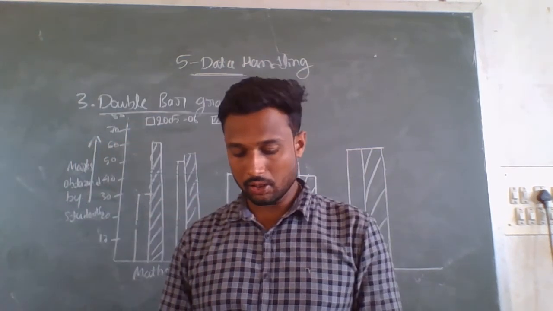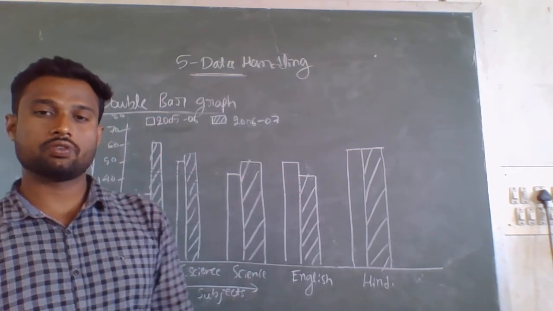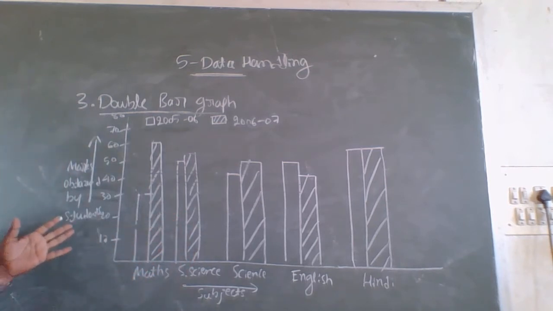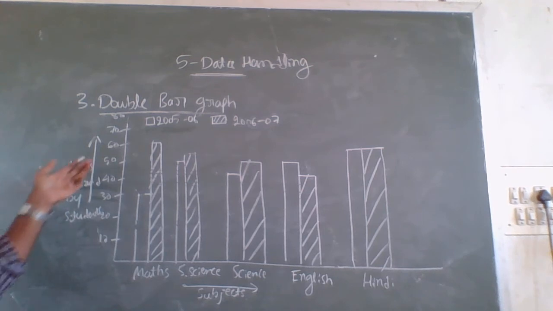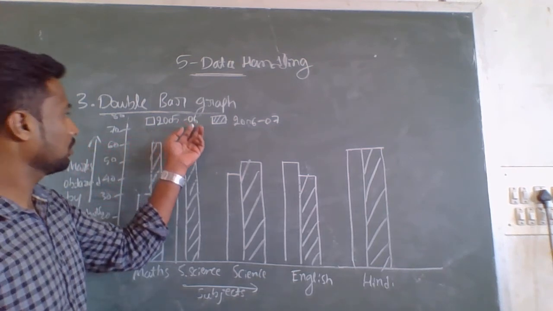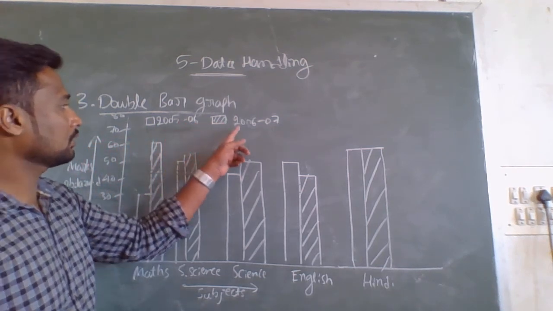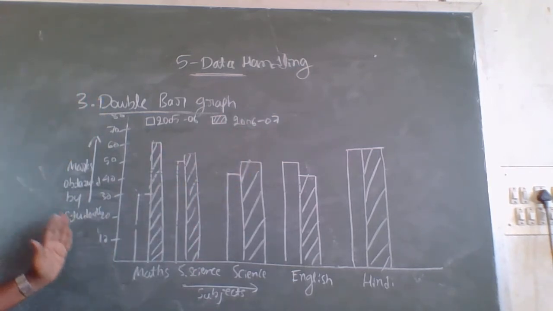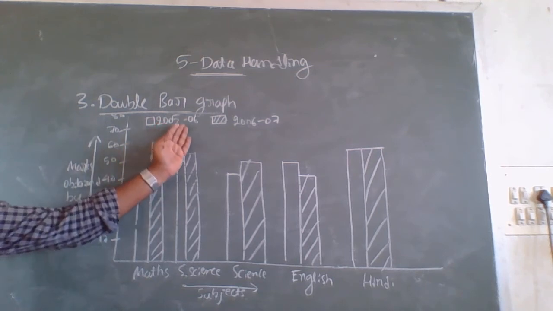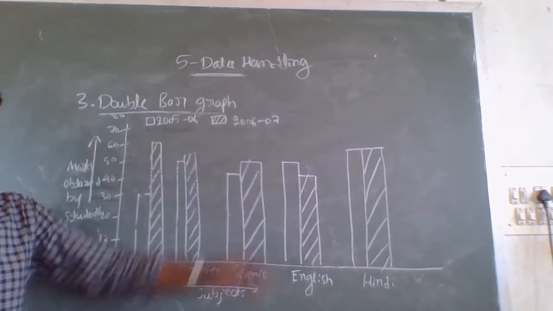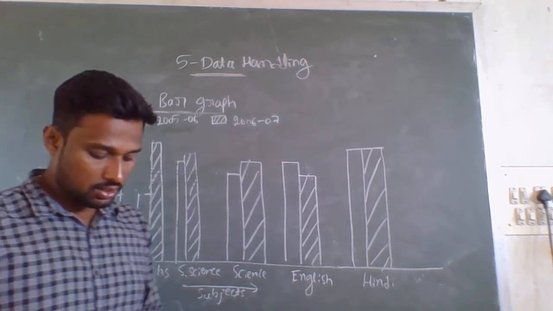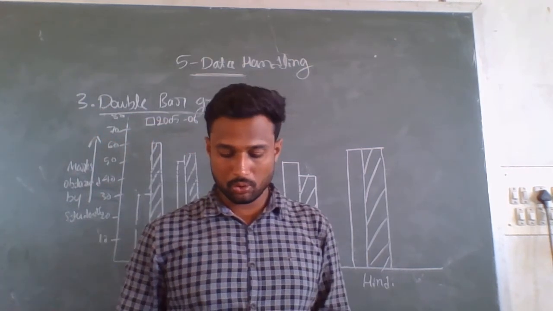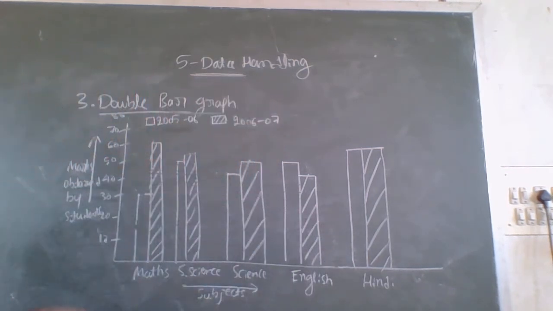What is the information given by the double bar graph? They are given marks obtained by students in the academic years 2005 to 2006 and 2006 to 2007. In which subject has the performance improved the most?